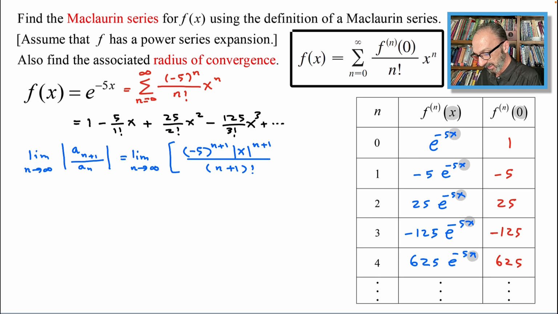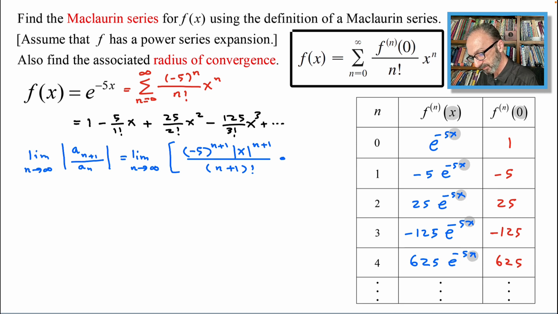Instead of dividing by a sub n, which is clearly written on top right here, that is a sub n. So by dividing by that, you could flip it and say multiply. So we're gonna flip it and write multiply, so times 1 over a sub n.